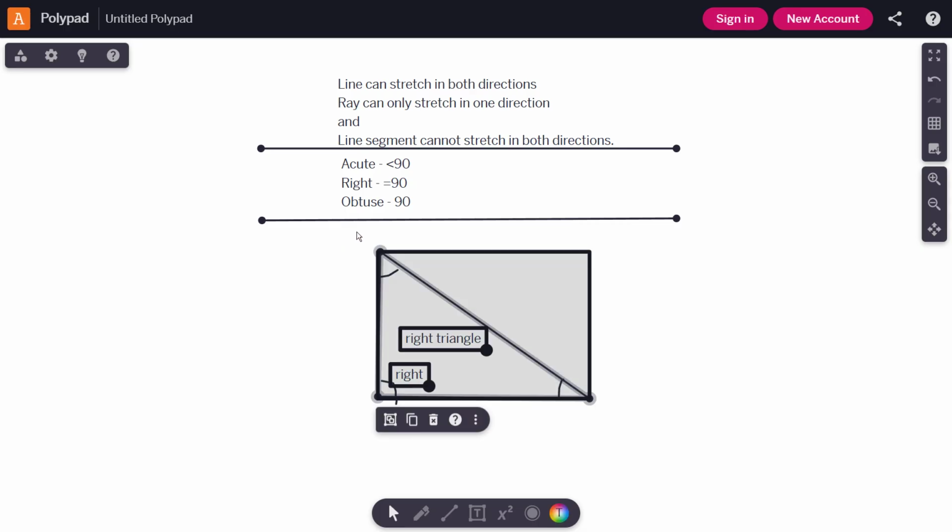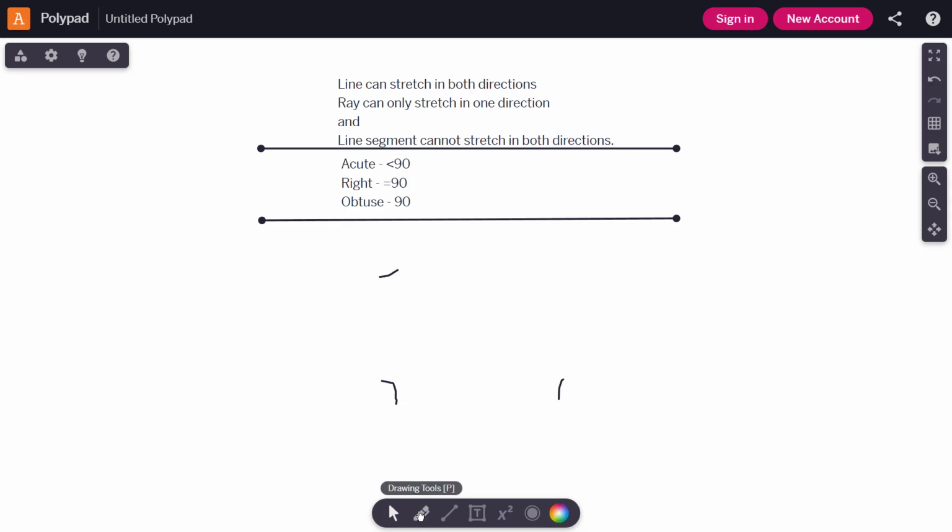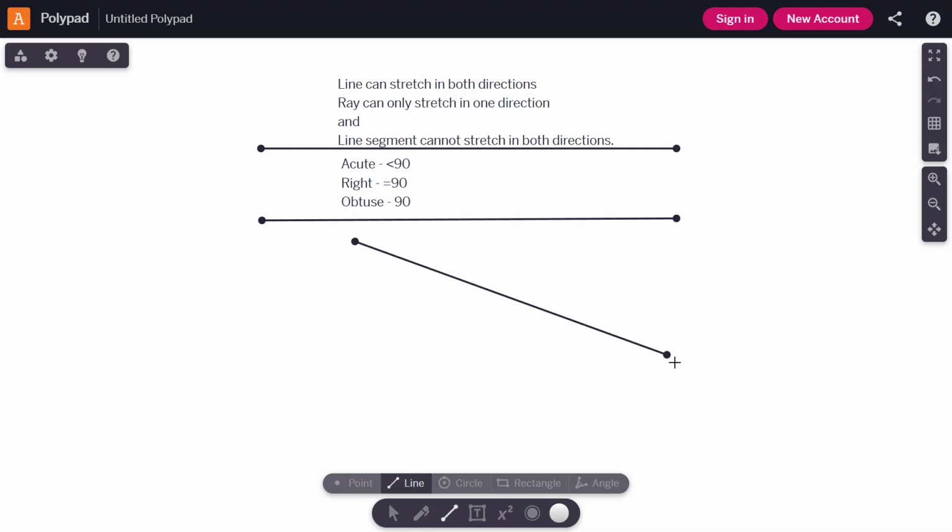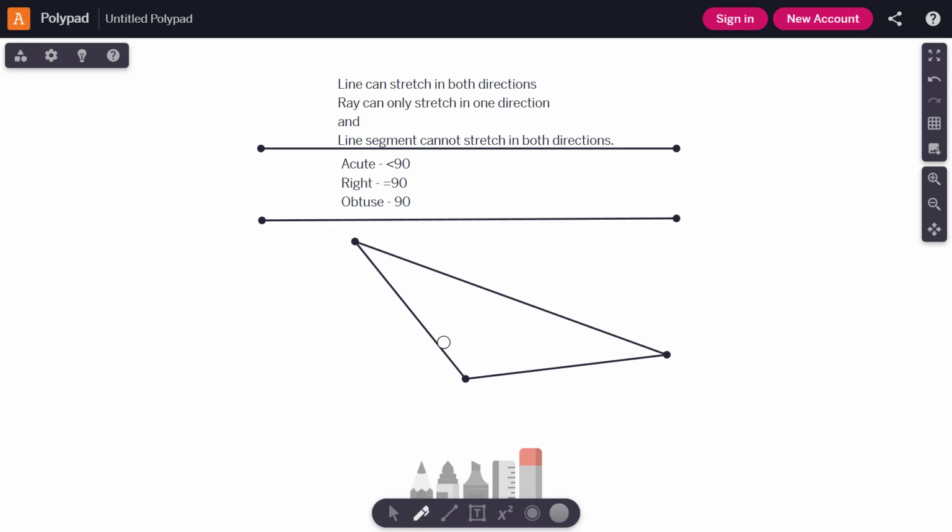Alright. If that's a right triangle, you guessed it. What is an obtuse triangle? An obtuse triangle might look weird. An obtuse triangle contains 1 obtuse angle and 2 acute angles.